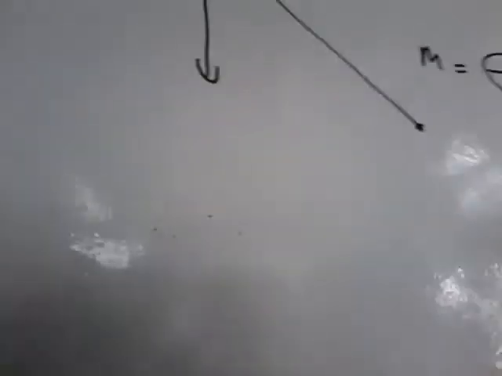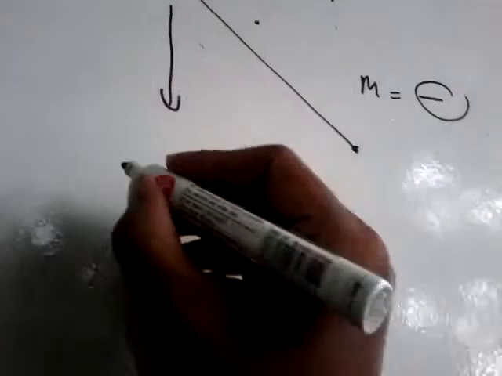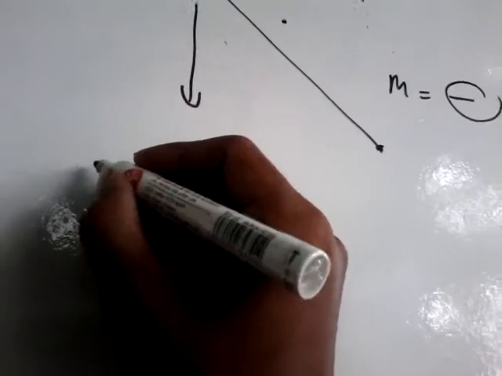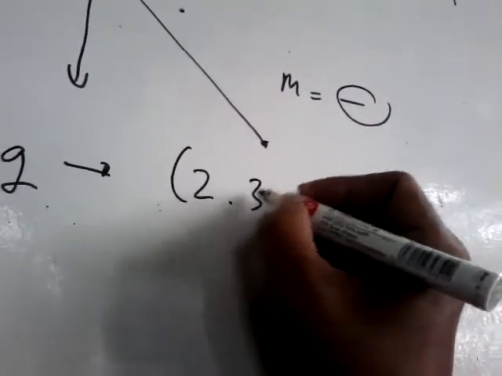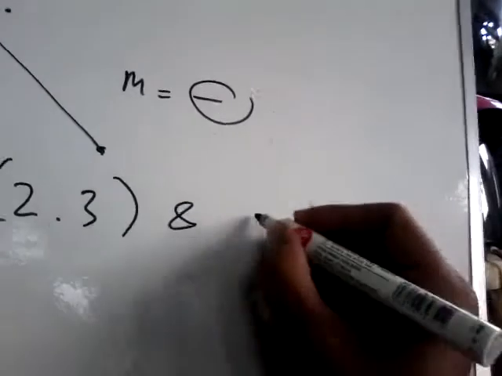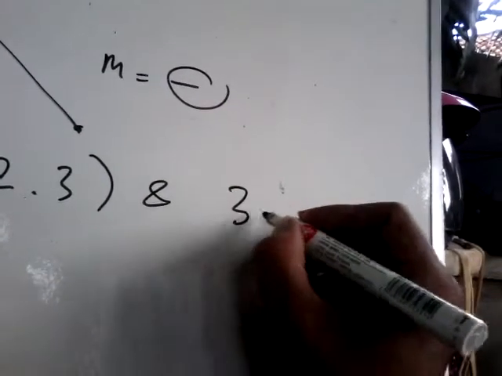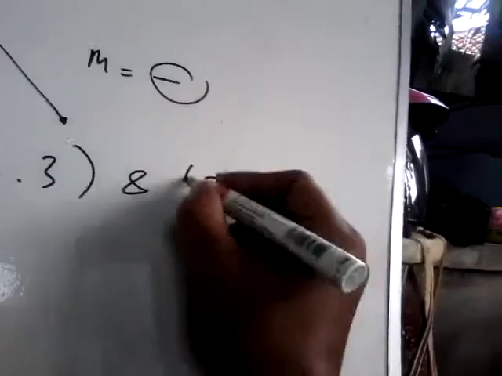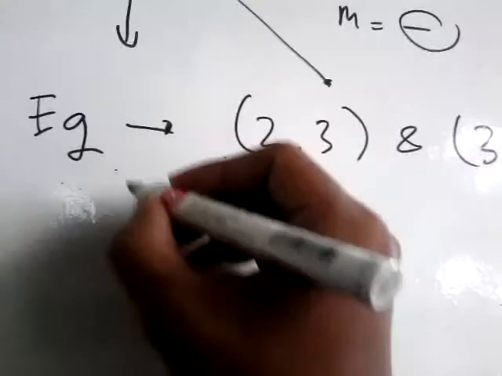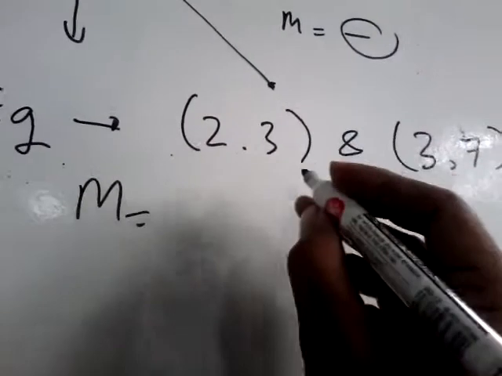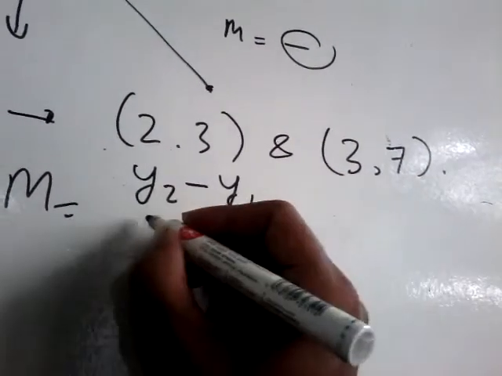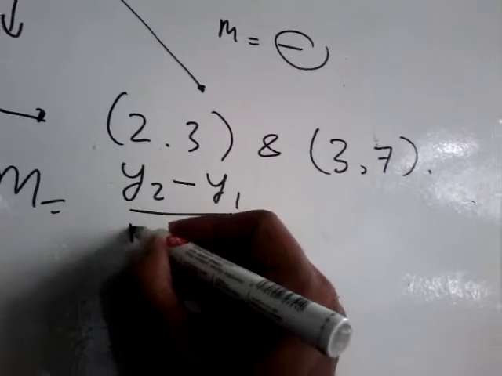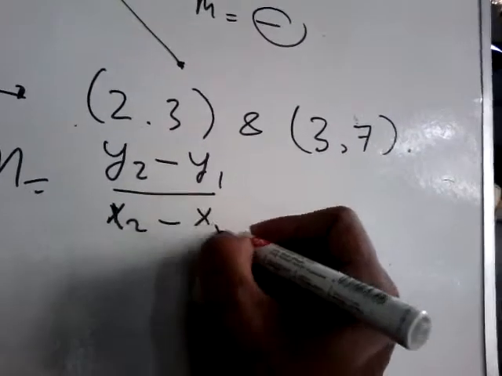Okay. Now, how about if there are two points? For instance, find the equation of the line passing through (2,3) and (3,7). To find the gradient, you use the formula y2 minus y1 over x2 minus x1.